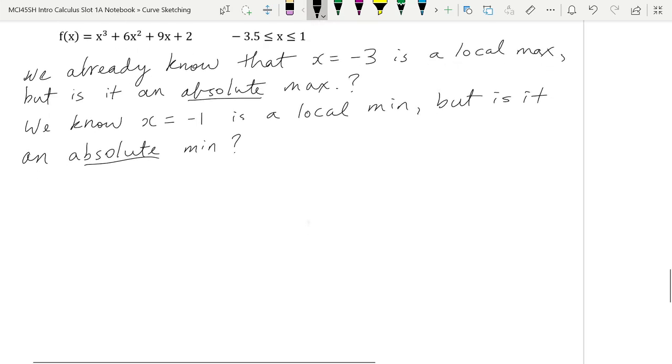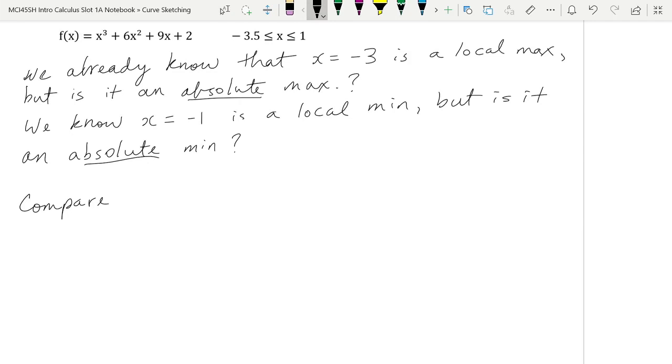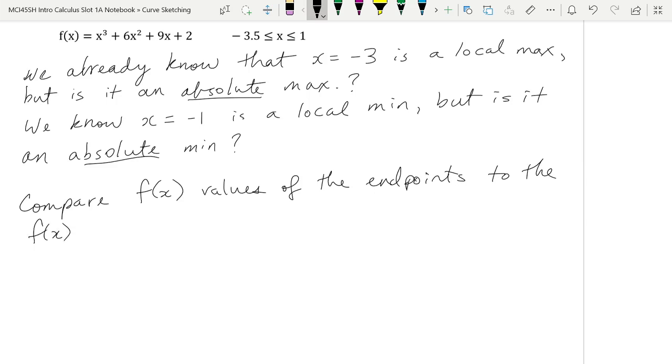So what we are going to be doing is comparing the f of x values of the endpoints to the f of x values of the critical values.